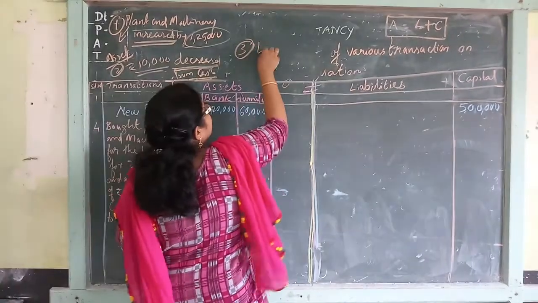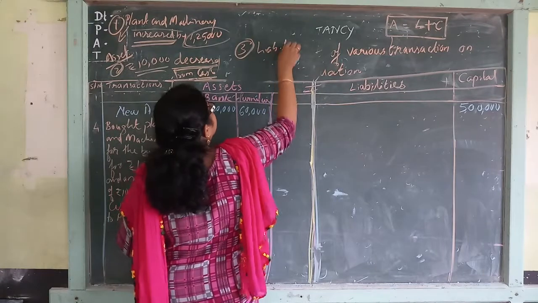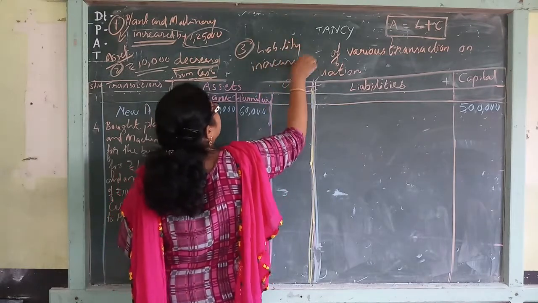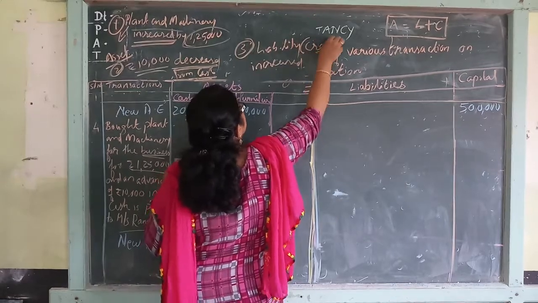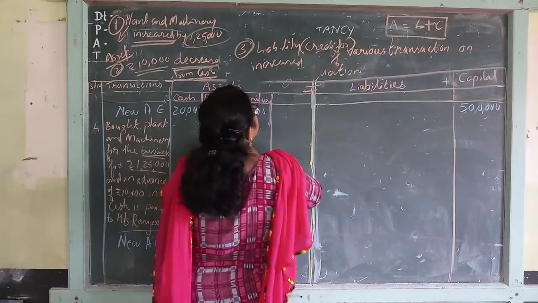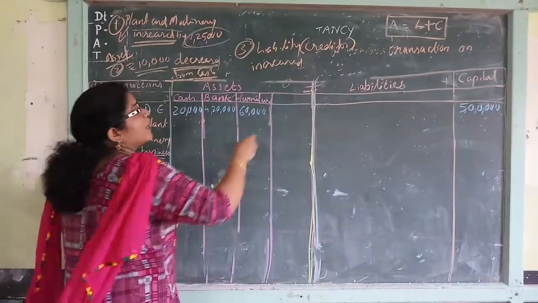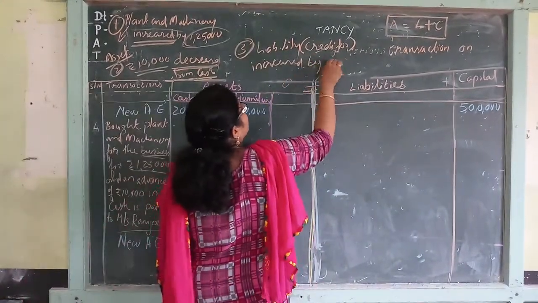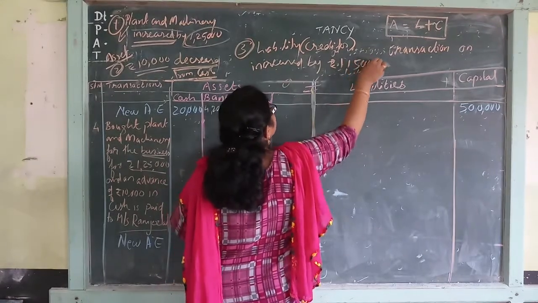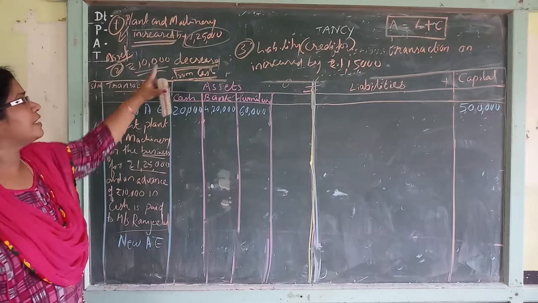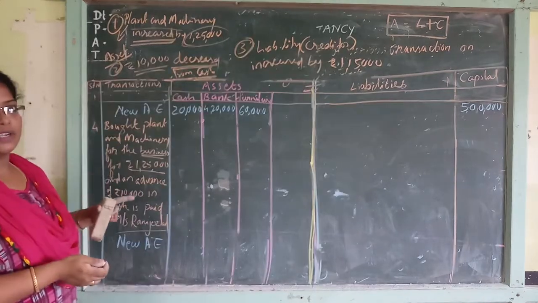The name of the liability is creditor. Which one is increased? Creditor is increased, that is, liability creditor increased by rupees 1,15,000. Okay, so in this transaction, three effects will come.